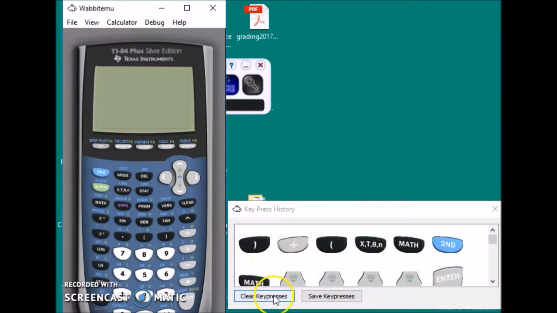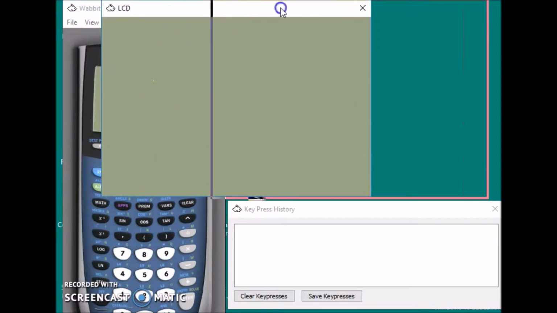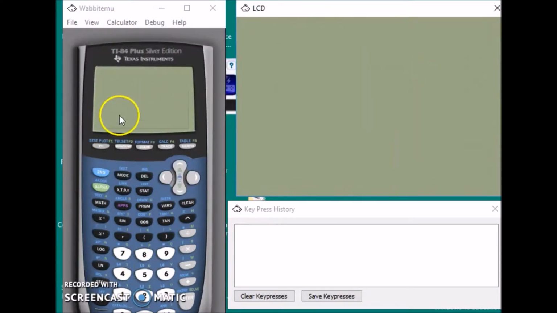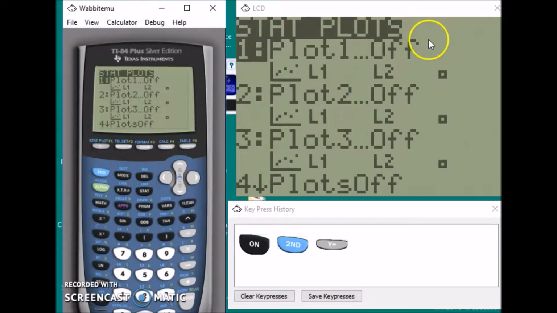Alright, so let's go ahead and graph this one. I'm going to turn it on. Double check with your calculators that you press second y equals, and you want to make sure that your stat plots are off. I've seen that errors today. Okay.